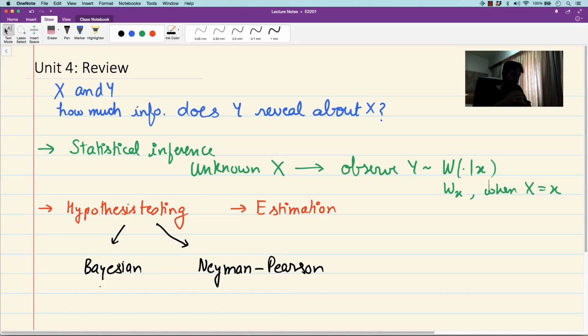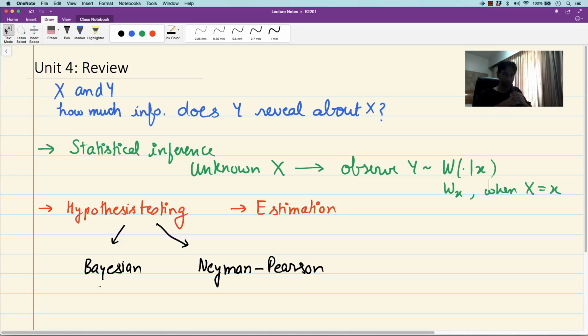Take the example of a binary hypothesis testing problem, where there are only two hypotheses: X taking the value 0 or X taking the value 1. Sometimes the first is called the null hypothesis, the second the alternative hypothesis. Under both these hypotheses, Y has different distributions, and we observe Y and want to figure out which hypothesis is true.